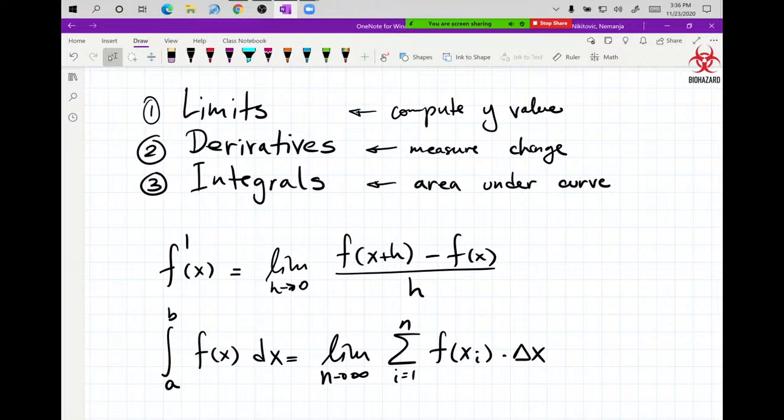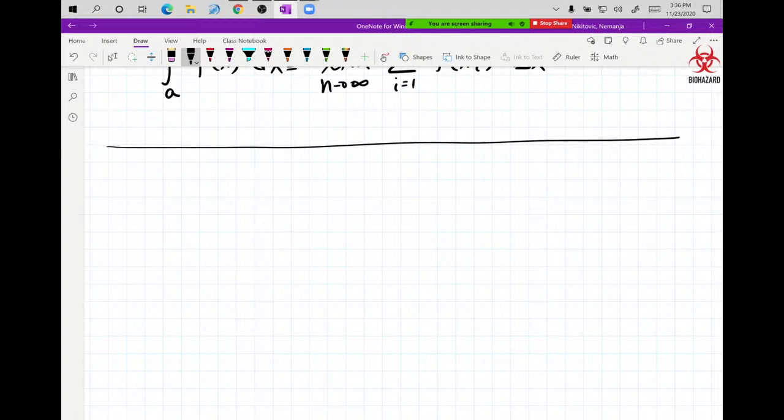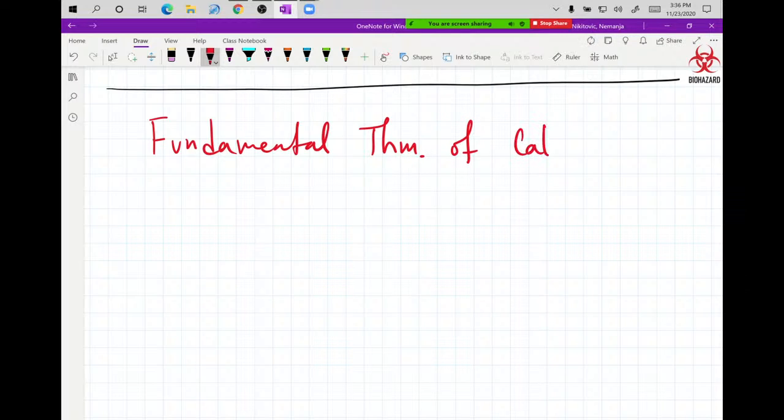Now, what is the fundamental theorem of calculus? The fundamental theorem of calculus is going to connect these in a very interesting way. What we have is that the fundamental theorem of calculus has two parts.